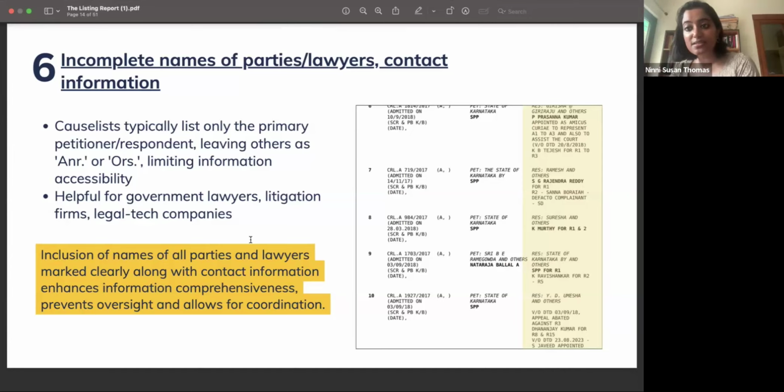Because of how it works with government offices, lawyers are assigned to these matters, and they have such volume that till the day of the hearing, they might not even really know that the matter is assigned to them. So if it is a part of the cause list, they can just search in the cause list and find this out.